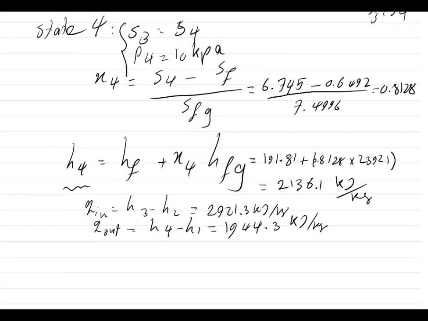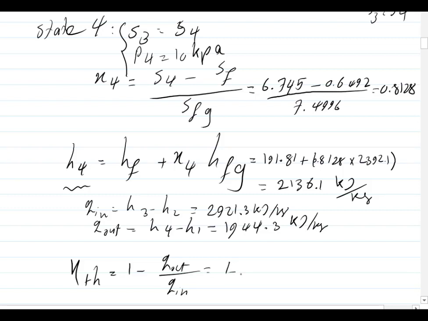And the last step is to calculate thermal efficiency of the cycle, which, as you know, thermal efficiency, or eta TH for the cycle, is equal to 1 minus Q out divided by Q in, which we have calculated both of these two parameters. 1 minus 944.3 divided by 29.3, which will be 0.334, or almost 33.4%.